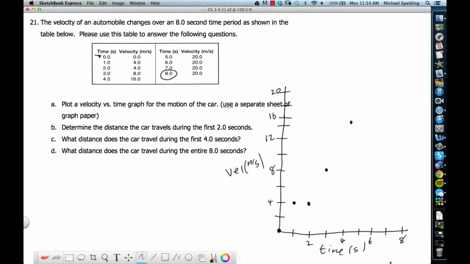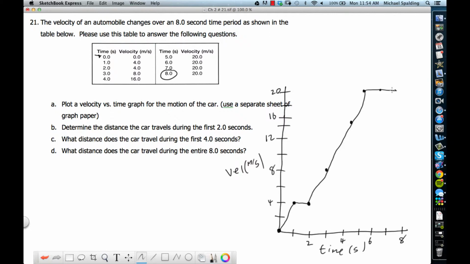And then 5 and 20. And then the rest of them stay at 20. So the graph goes up, flat, up, flat. Okay, so that's roughly what your graph should look like.